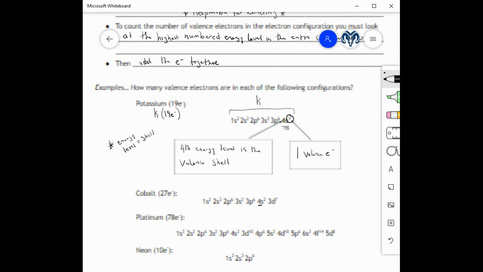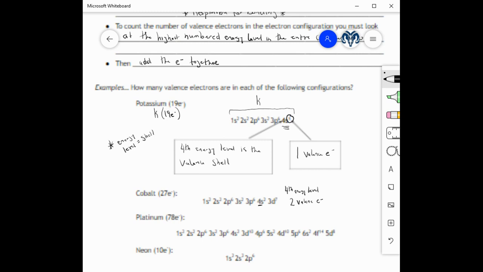Even though the 3d comes after it, 4 is the highest energy level. So take a minute and think about that. So this is going to be our 4th energy level, and there are 2 valence electrons.